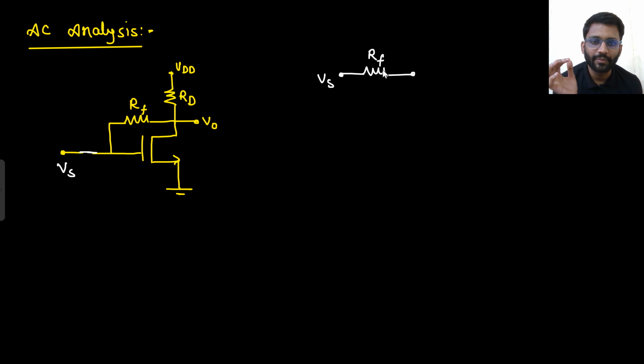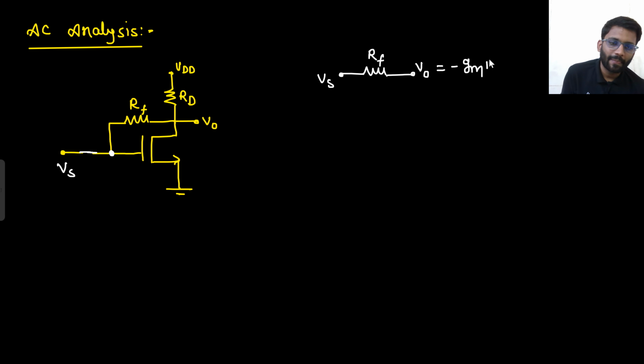So now what will some people say? Some people will say that, sir, one node of RF is connected to Vs and the other node is connected to V0, right? So they will say, sir, V0 is minus Gm into RD into Vs, because this is a common source amplifier.